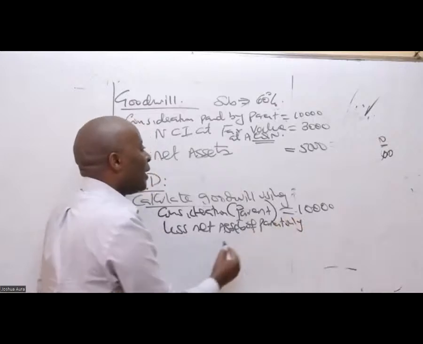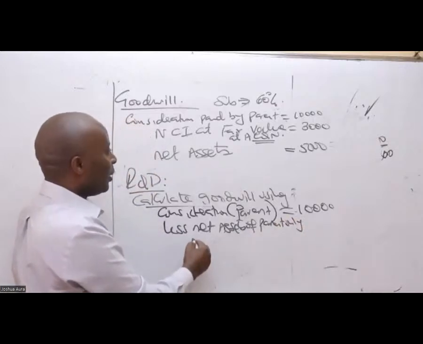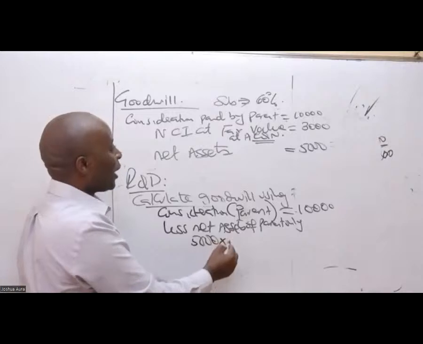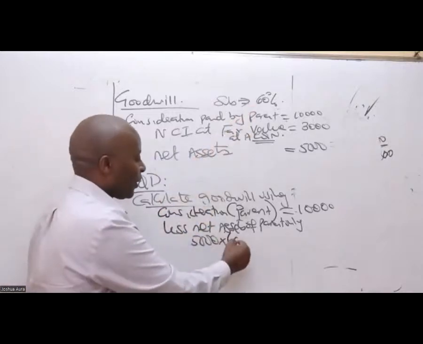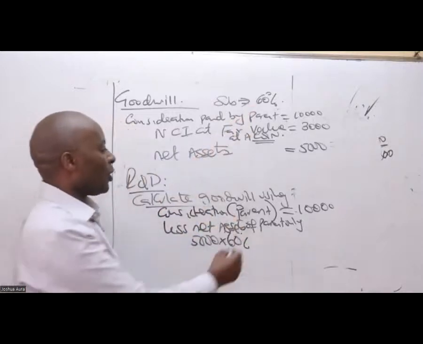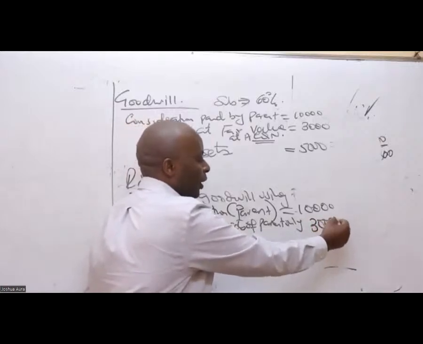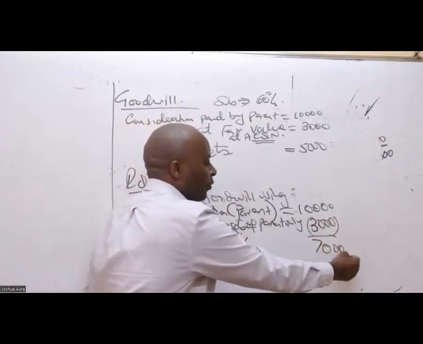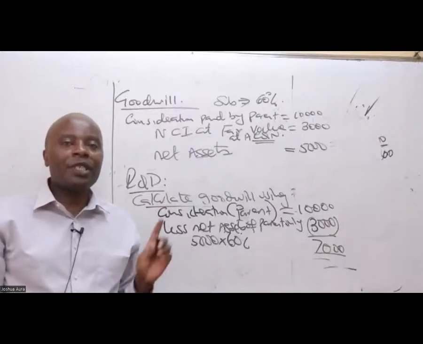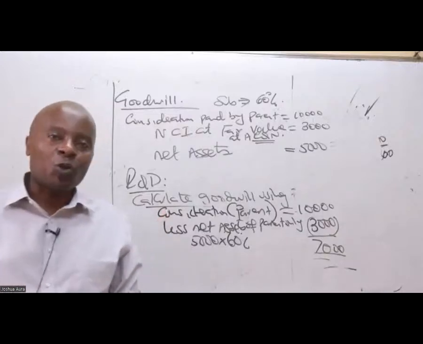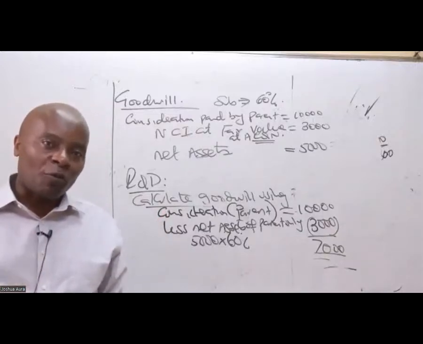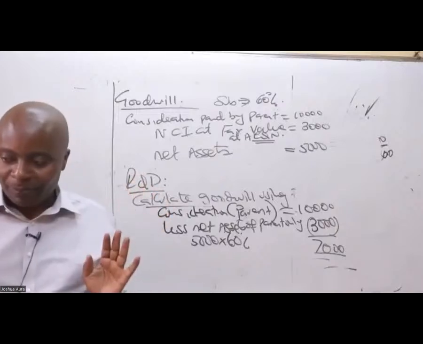We are talking of 5,000, times 60%, because we only own 60%. So 60% of 5,000 gives me 3,000. So of course, you can see we are getting different answers. And I believe this small example has been able to bring home the concept of partial and full method.